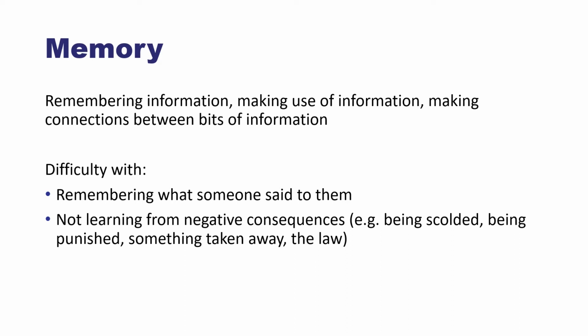So if they do something they're not supposed to do and they're scolded or they're punished or something is taken away from them, those consequences may not have a large effect on them doing that thing again in the future. So being punished doesn't decrease the likelihood that they'll do that thing they're not supposed to do again.